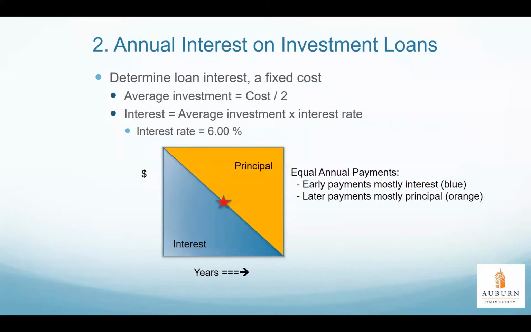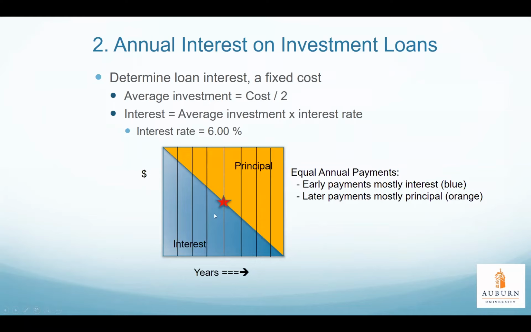Annual interest on investment loans. What we do here is we take the average investment, and that is the item's cost, and we divide by 2. Now, why would we do that? Well, when you think about loans, you have a principal and an interest. And each time you have a payment due, in the early years, it's mostly interest. All of this blue area here is interest, and just a small portion of principal is paid off. As we go in time and get towards the middle, we see interest is still more than 50%, and principal is almost 50% of the equal annual payment.